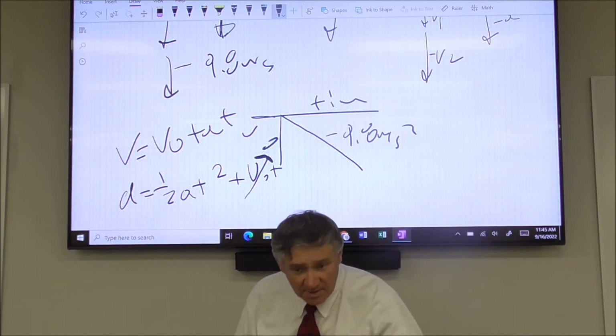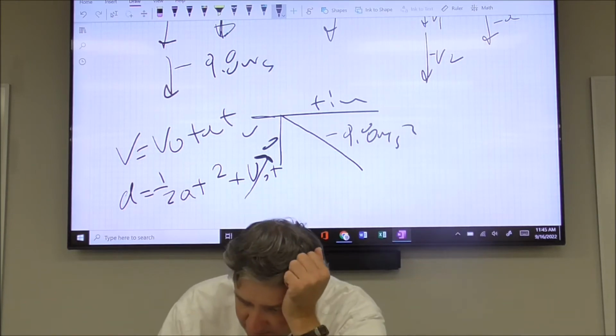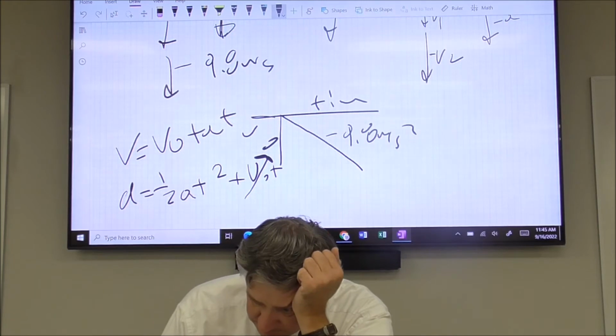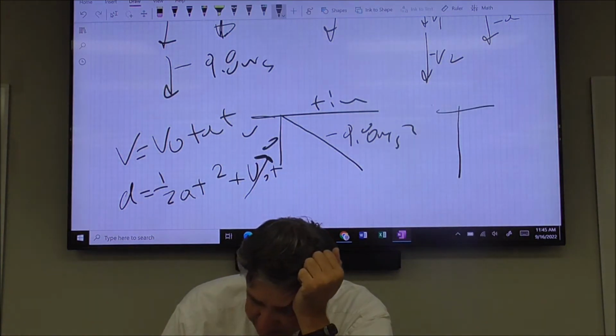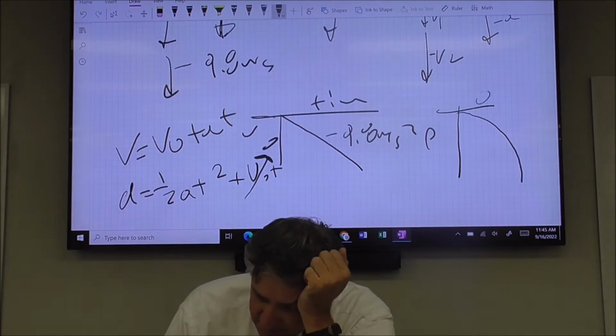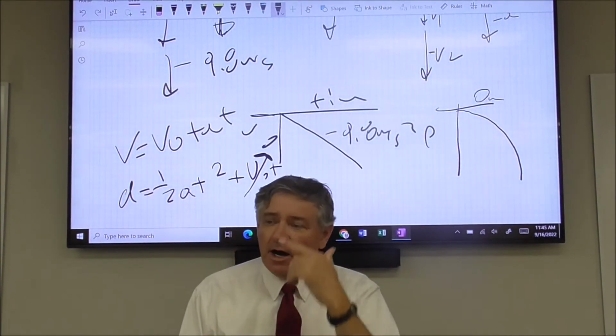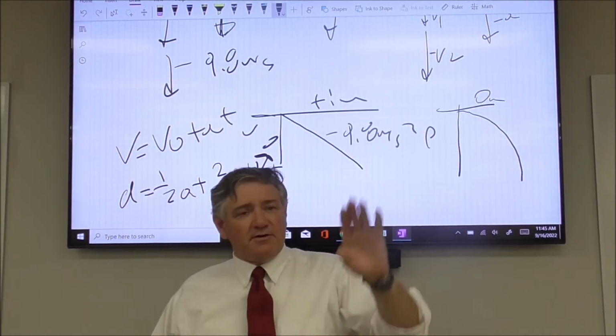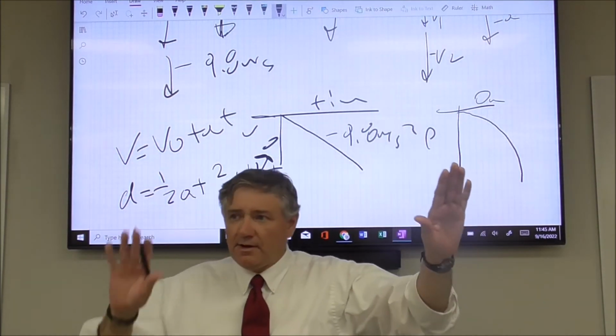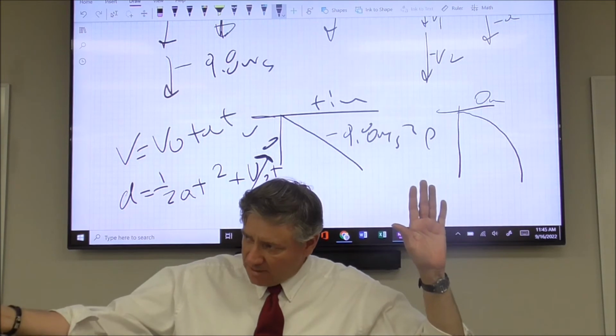So hopefully your position time graph looks something like this. Now, again, understand how your velocity time graph matches up with your position time graph.